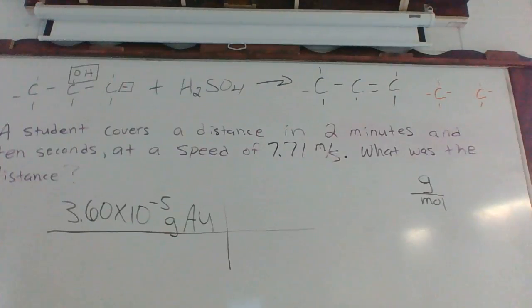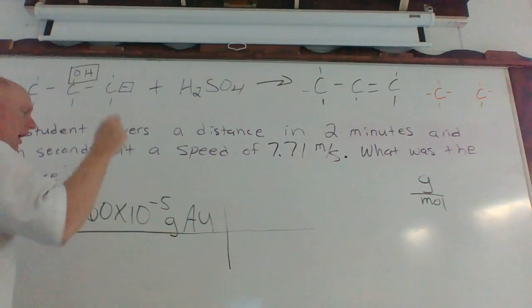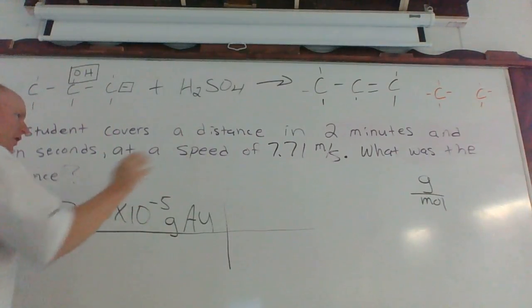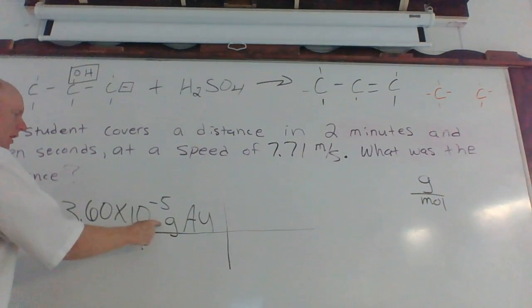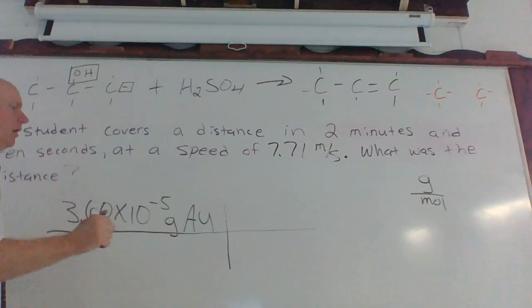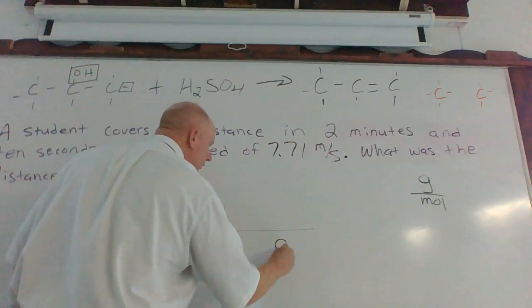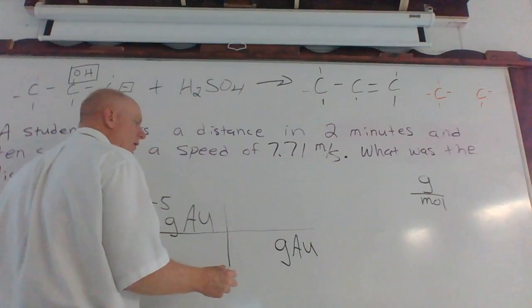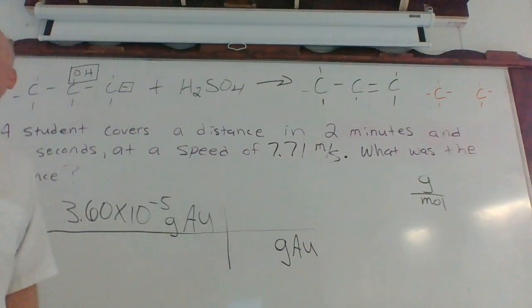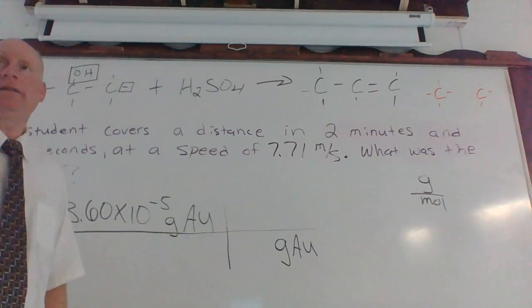So we want to know how many moles of gold are in this measurement here. So again, how do we get our grams to cancel in our next step? So if we have grams upstairs, where does grams need to be? Downstairs. Okay. So then again, when we talk about molar mass, we're talking about grams per what?